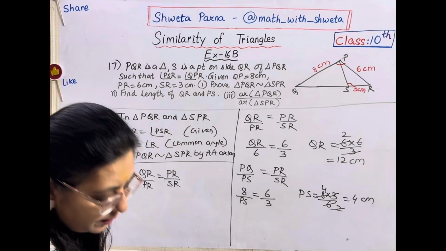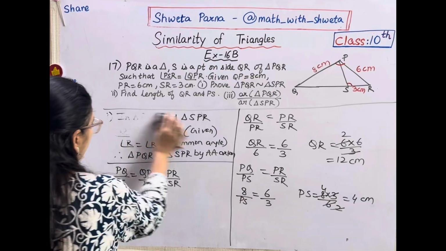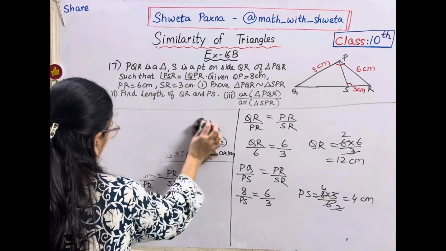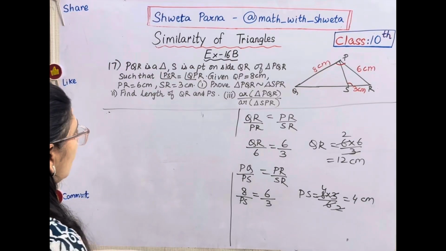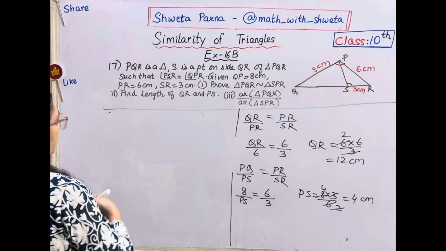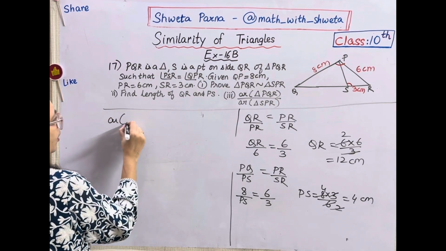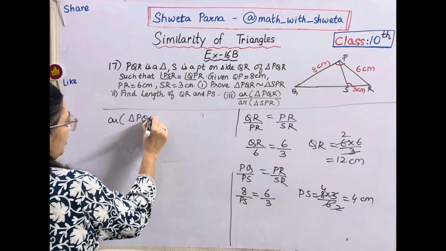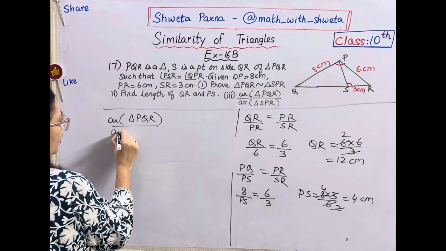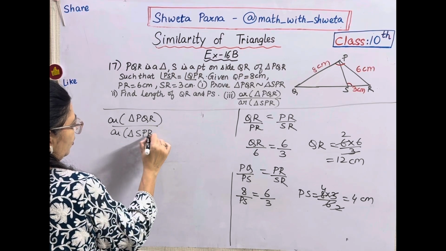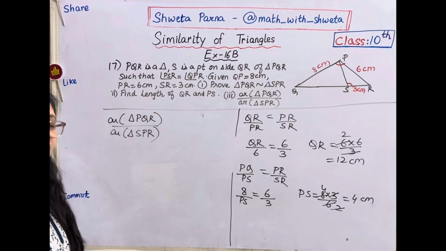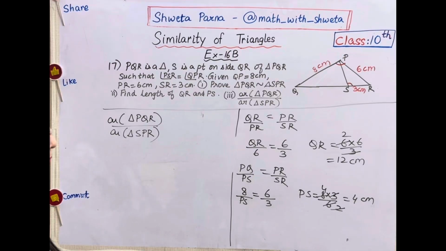Now you have to find the area. Okay, area of triangle PQR upon area of triangle SPR. You can take any two corresponding sides. So they are equal to the square of their corresponding sides.